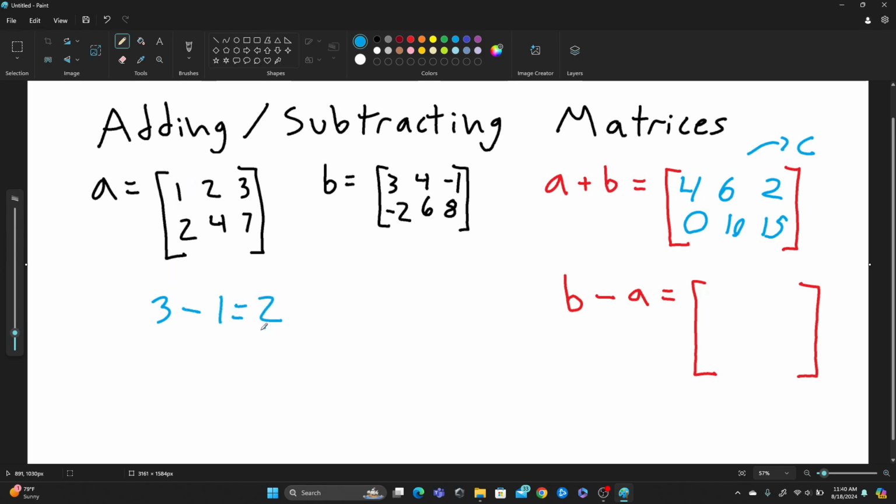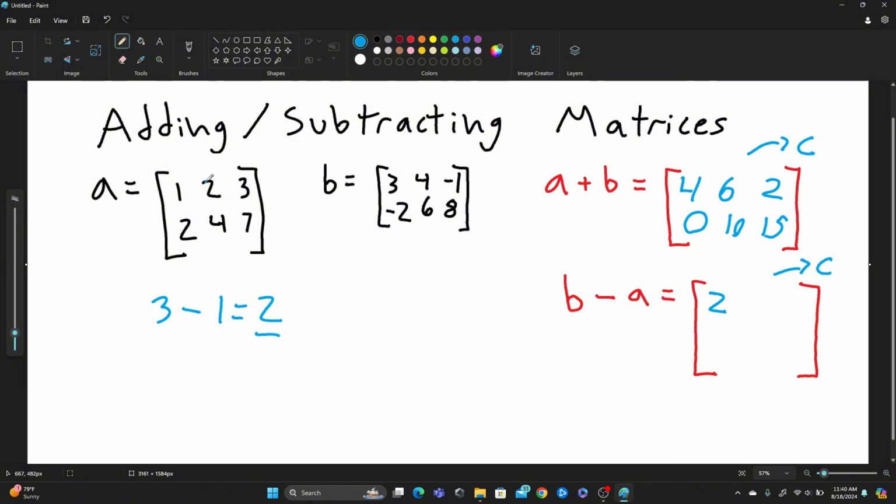And that's going to equal 2. So if we're calling this also matrix C, then in this case B11 minus A11 equals C11. So since this is the 1, 1 number right here, we're going to put 2.